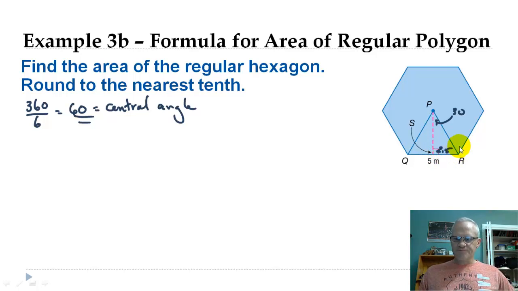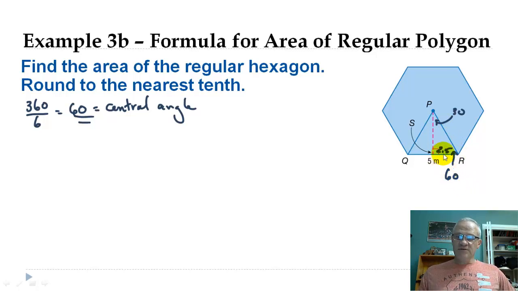Now, if this is 30 degrees, this is 90 degrees. What's the degree of this angle that's left here? 30, 90, and 60. We have a 30, 60, 90 triangle.